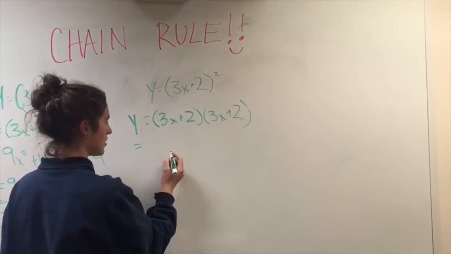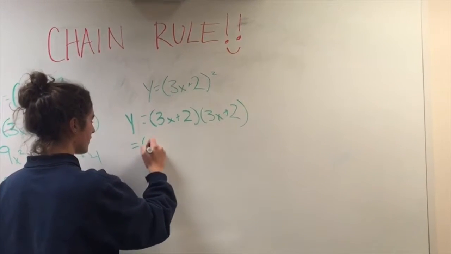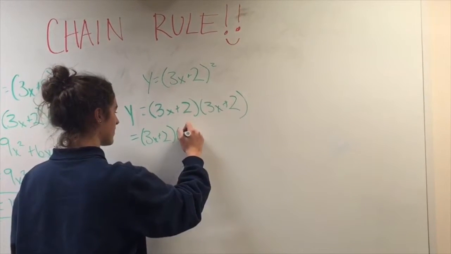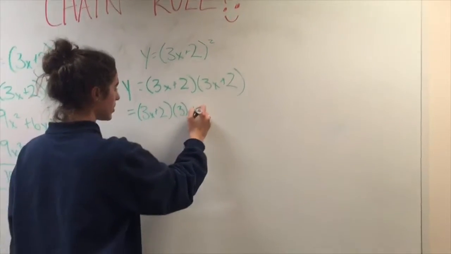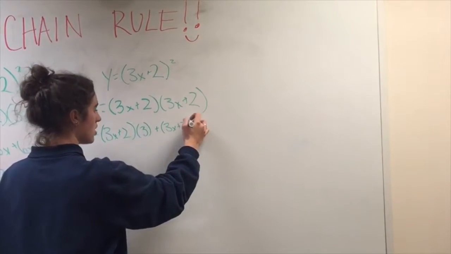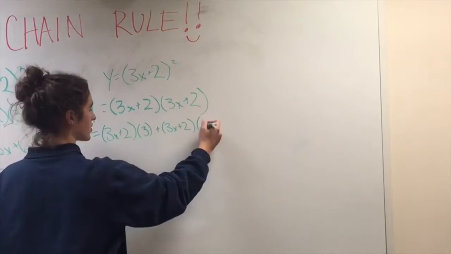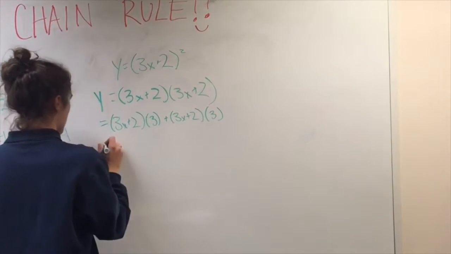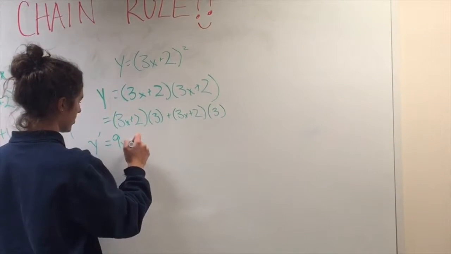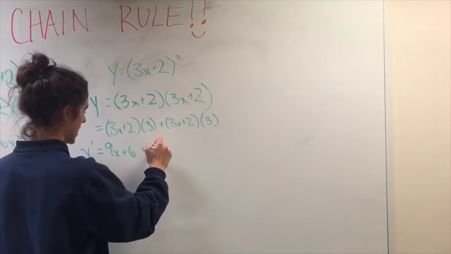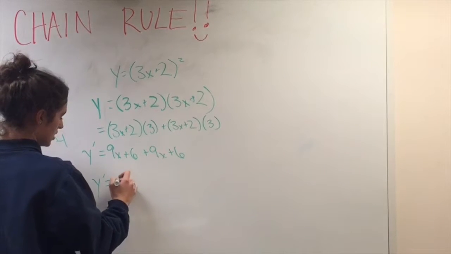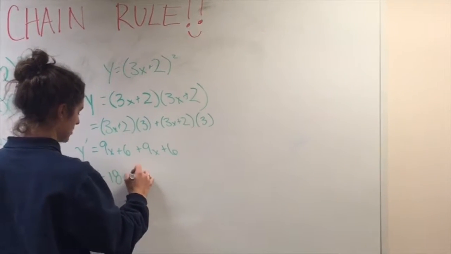So we get the first function, 3x plus 2, times the derivative of the second function, 3, plus the second function, 3x plus 2, times the derivative of the first function, 3. And then y prime is 9x plus 6 plus 9x plus 6. And then you combine, you get 18x plus 12.